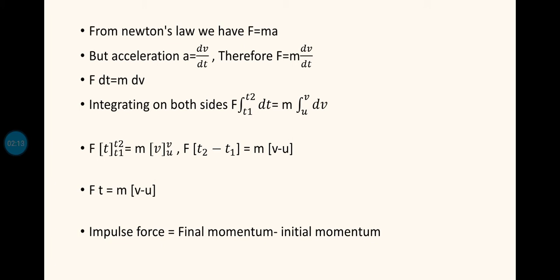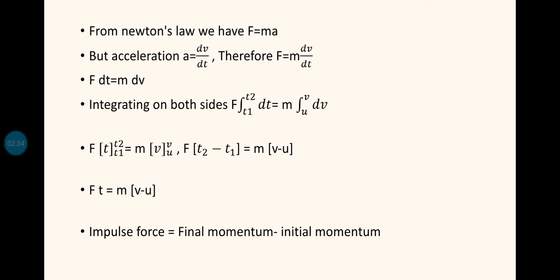Now integrating on both sides, since F is constant, I am taking it outside of the integral. So F times the integral from t1 to t2 of dt equals m times, on the right side the mass is constant, the integral of dv, where the velocity changes from initial velocity u to final velocity v.